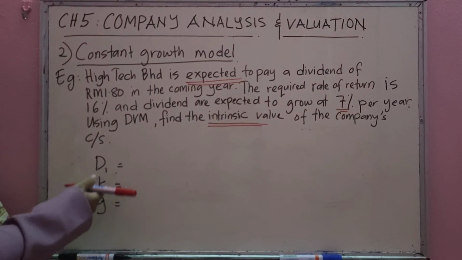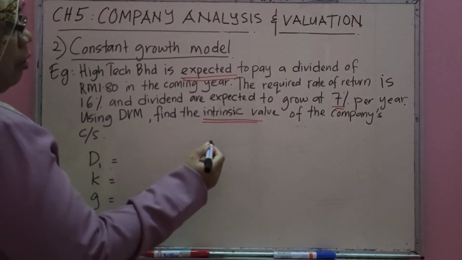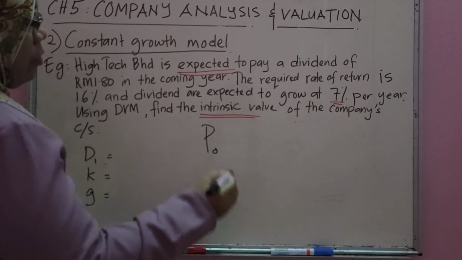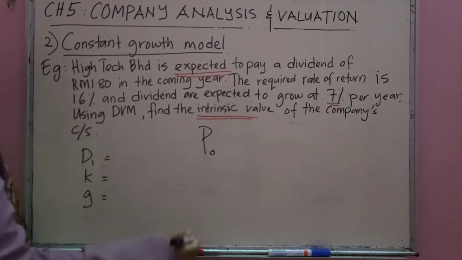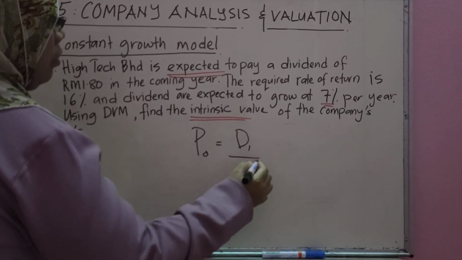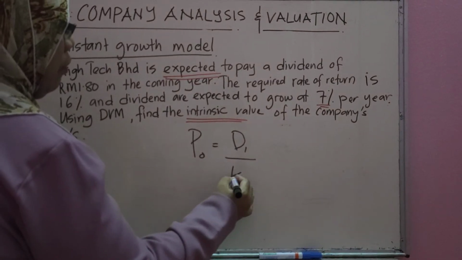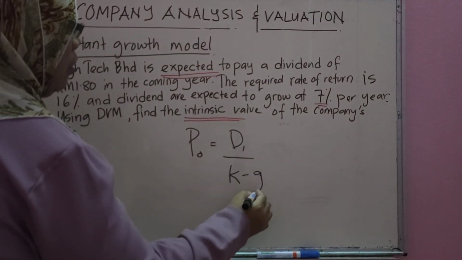So what you want to search for is based on the formula given just now. We want to know the intrinsic value or the price of the shares, which will be D1, the expected or future dividend or next year's dividend, divided by K minus g.